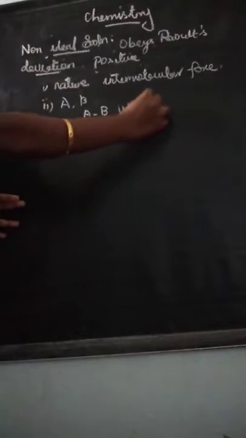The intermolecular force between A and B is weaker than the intermolecular force of AA and BB. So the second point: the intermolecular force of AB is weaker than the intermolecular force between AA and BB. Understand? So now tell the first point.